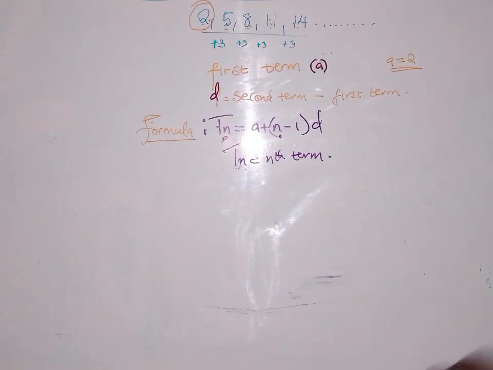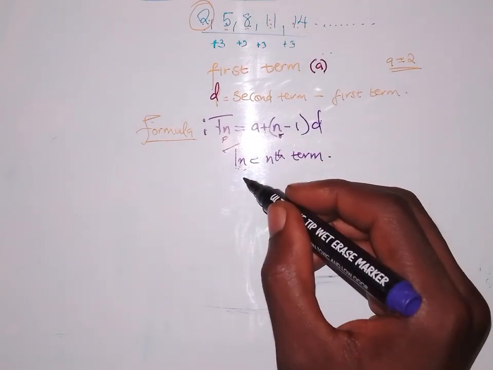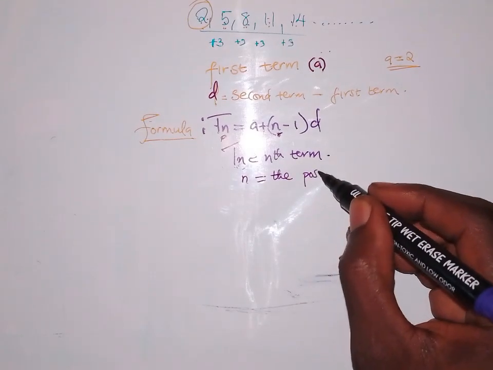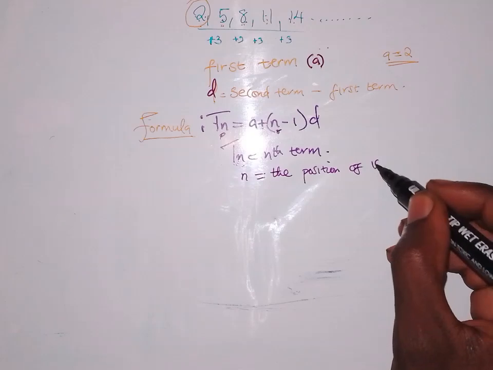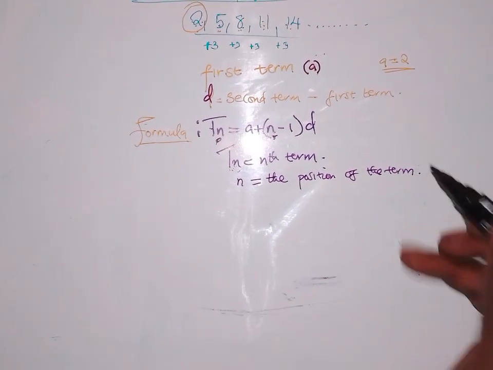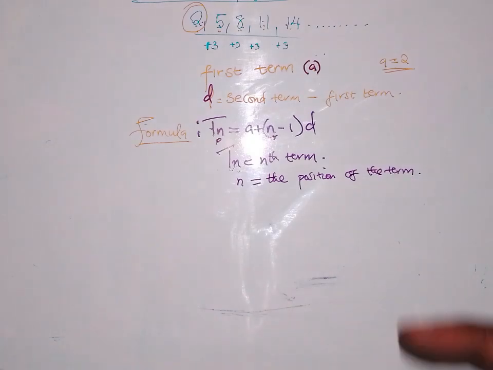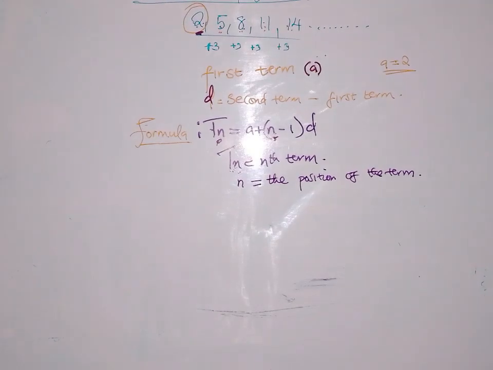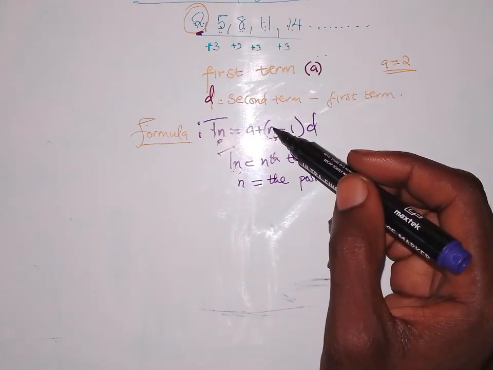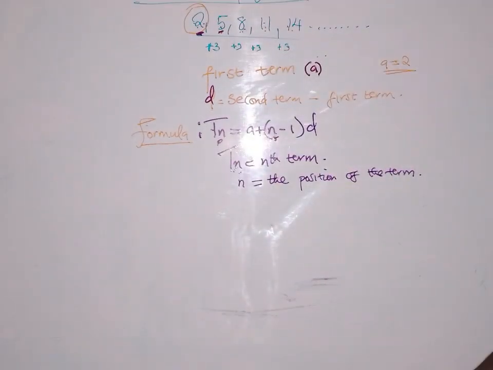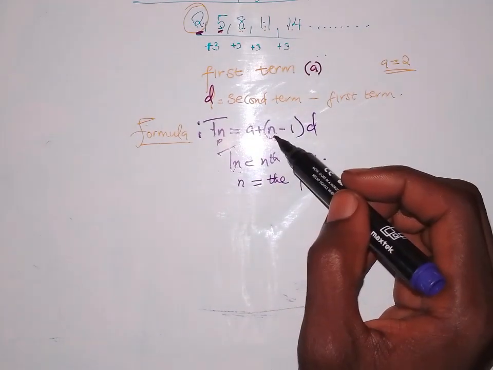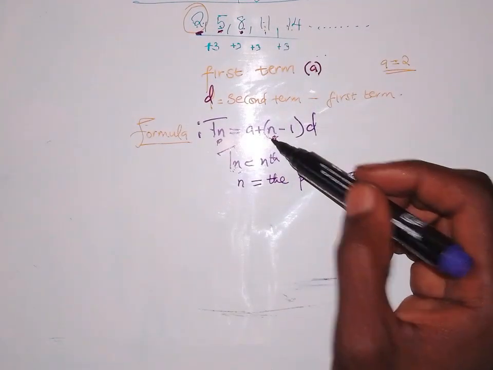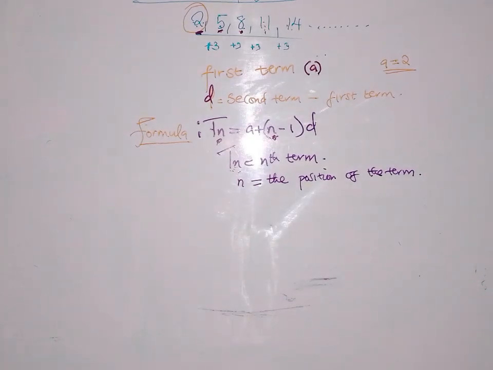Then n is the position of the term. When we look at 2, we can see that 2 is the first term, so here you put 1. When you look at 5, 5 is the second term, so here you put 2. This is the third term, you put 3, 4, just like that.